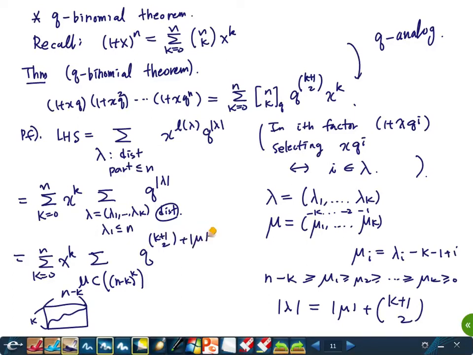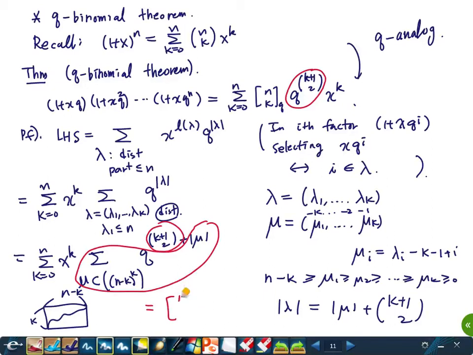Alright? Now we are almost done. This is constant. This part gives you this. And what is the sum over all this part? The q binomial coefficient, because we sum over all partitions inside this rectangle, which gives you this, n minus k plus k choose k. So that's the proof.